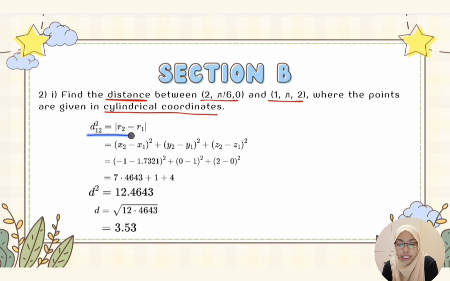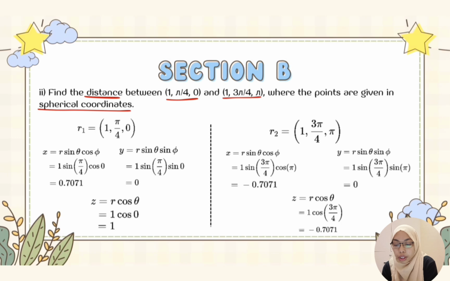D square equal to r2 minus r1, which is x2 minus x1 square plus y2 minus y1 square plus z2 minus z1 square. And we put the values that we calculated before, and we can get d square equal to 12.4643 and d equal to square root of 12.4643, and the final answer we can get is 3.53.